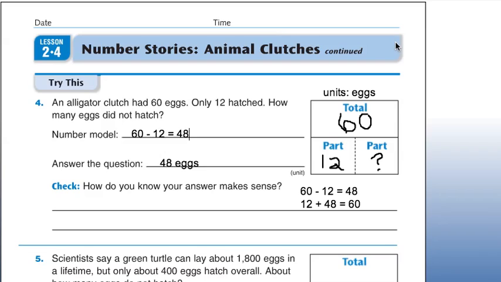So if you heard me before talking down here when I estimated that about 10 plus 50 would be 60, I was thinking that it had to be somewhere close to 50 that did not hatch, because that would make the most sense to me. A lot of this is going to be thinking out loud to yourself and trying to come up with reasonings on your own, and I encourage you to always be talking about how you got your answer.